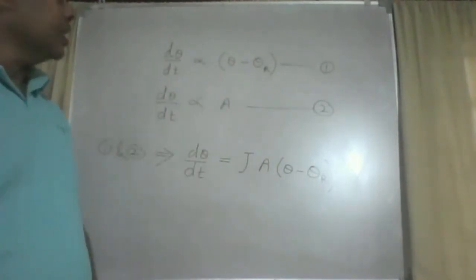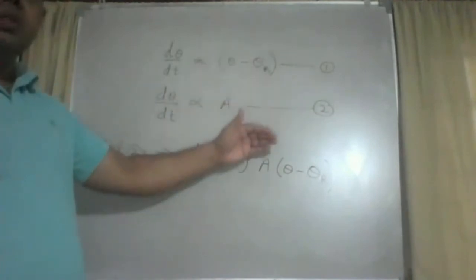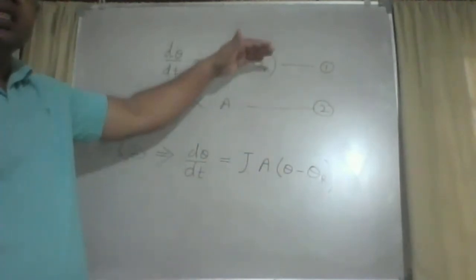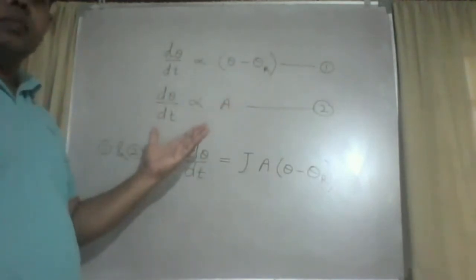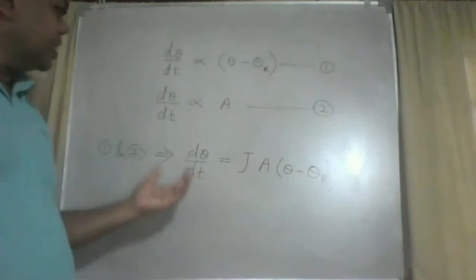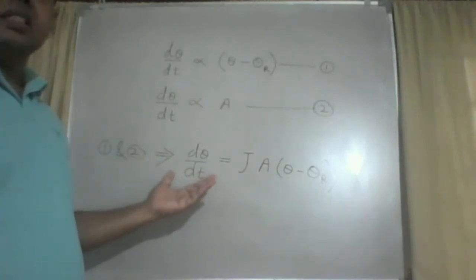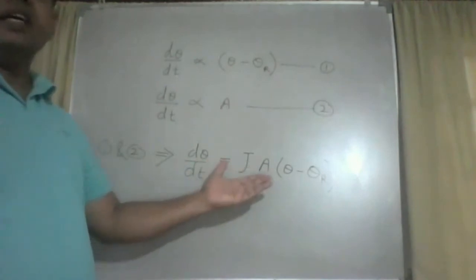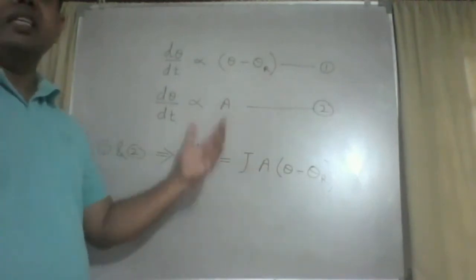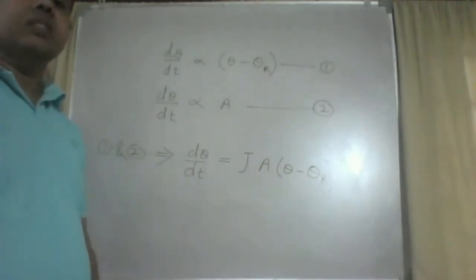A is the surface area of the object. So we can express these two conditions in two equations. Combining these two equations and introducing a proportionality constant J, we can write d theta by dt equals J A (theta minus theta r), where J is the proportionality constant.